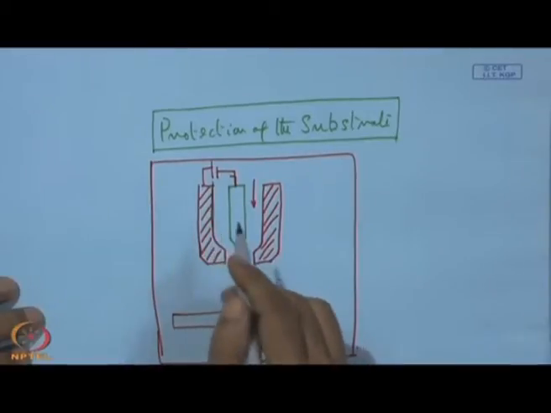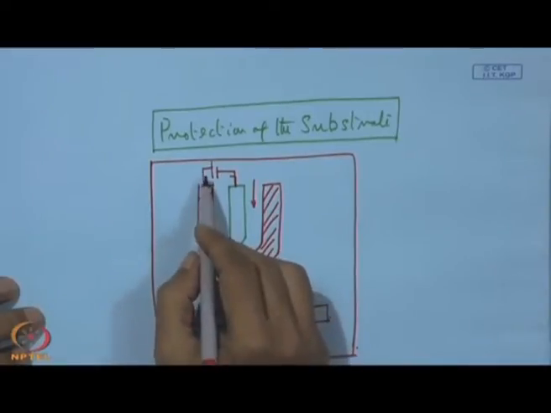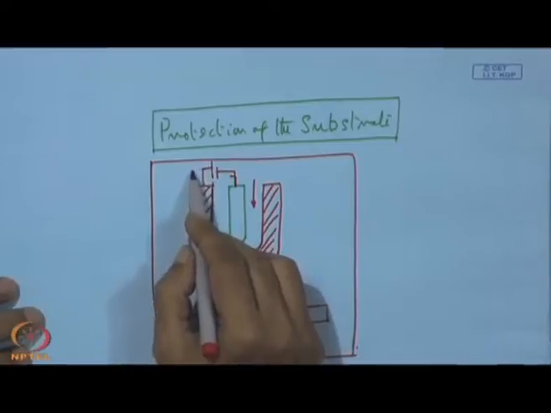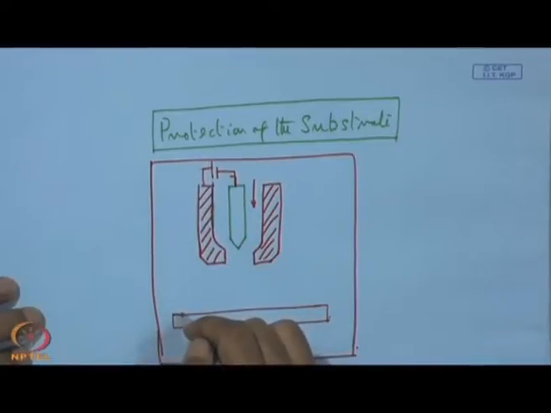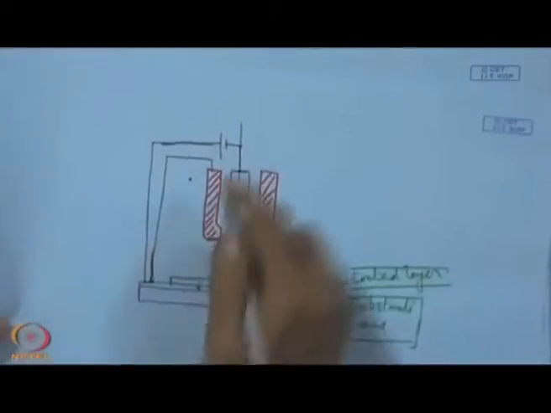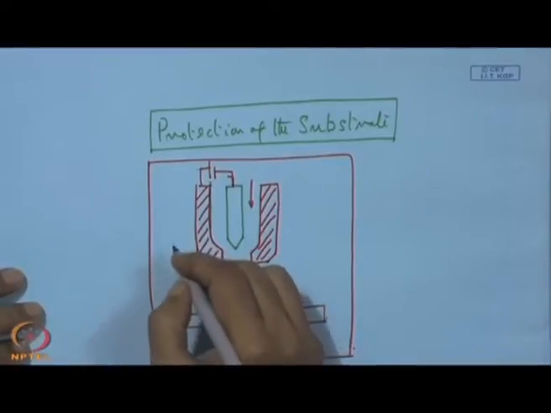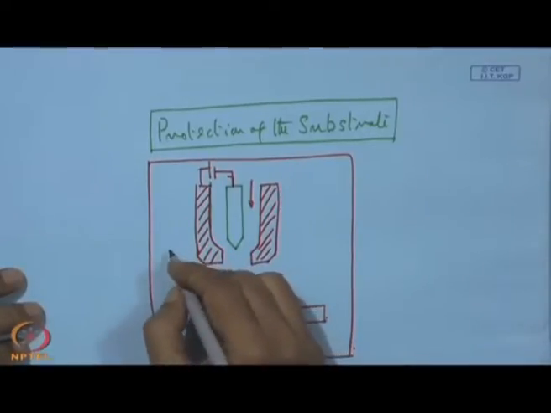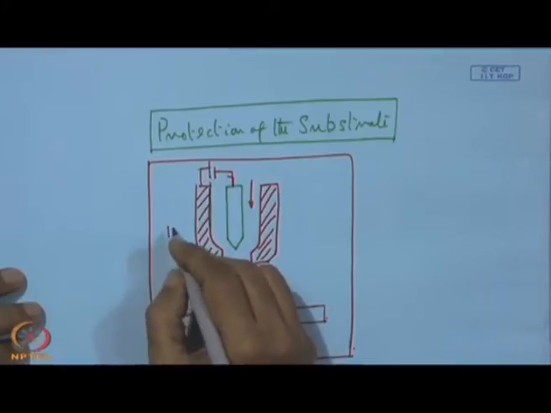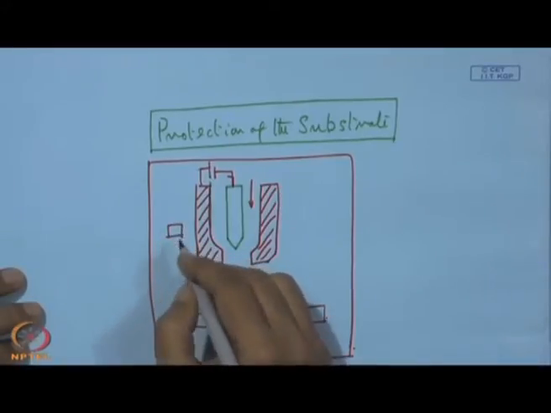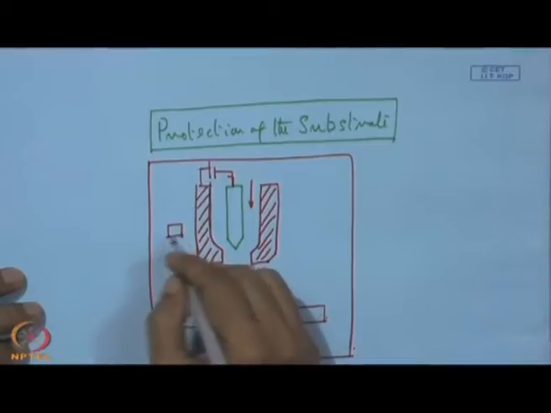So, what we can do, instead of what we have done so far, where we connected the positive polarity during this plasma transfer arc process, that means here it is positively polarized, in this case instead of positive polarization we can also have a negative polarization. That means a power source which can have a negative polarization on this surface.